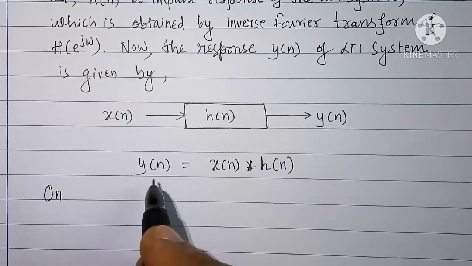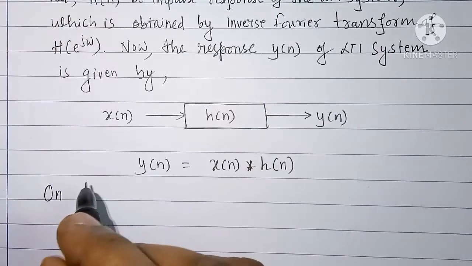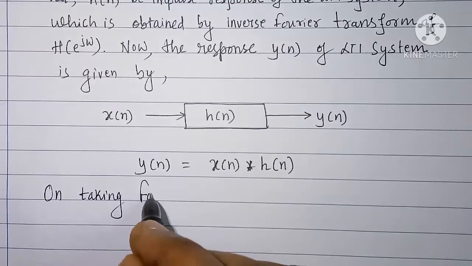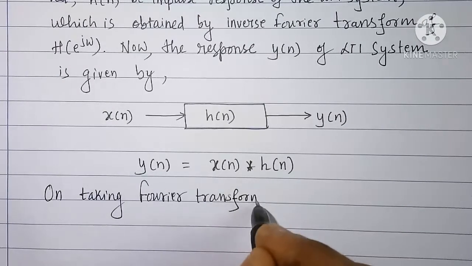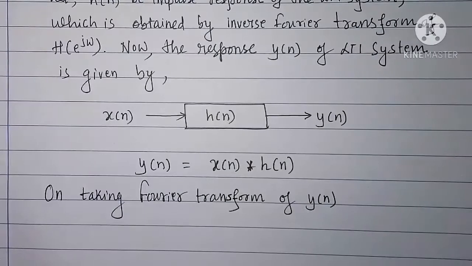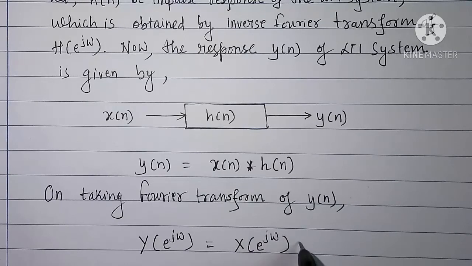If we take Fourier transform of this equation here, that is output equation, we get, on taking Fourier transform of y of n, y of e raised to j omega equal to x of e raised to j omega into h of e raised to j omega.